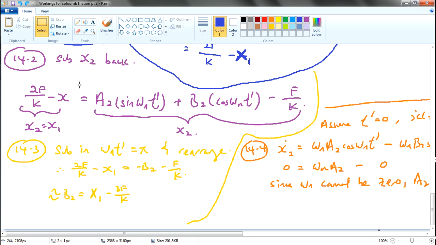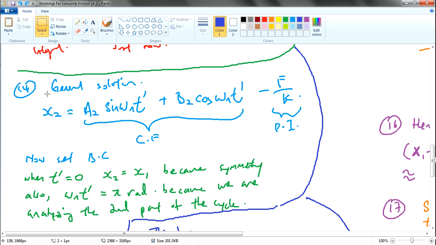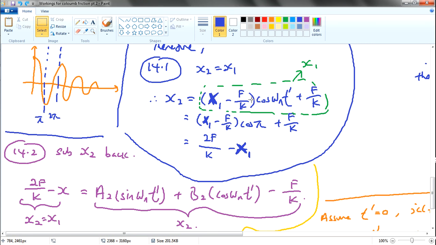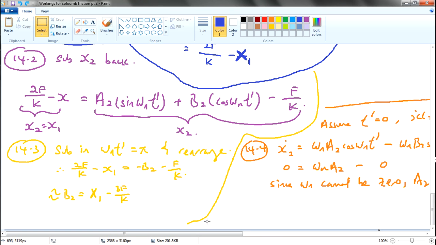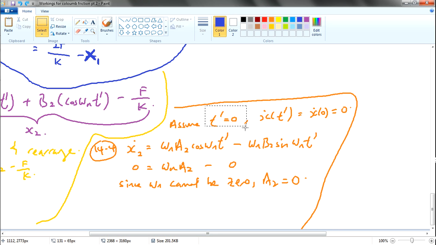He says that x2 is equal to this whole thing, and since a2 is equal to 0, b2 is equal to this, and he didn't derive any a2. Yeah, apparently he didn't derive a2, I believe. So this is why this idea popped up.